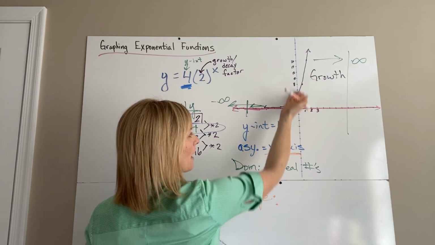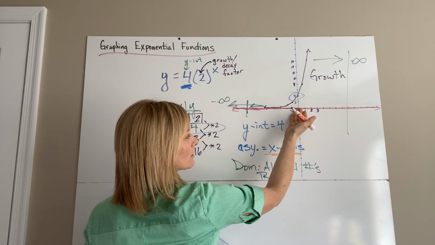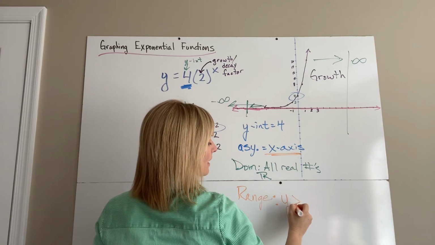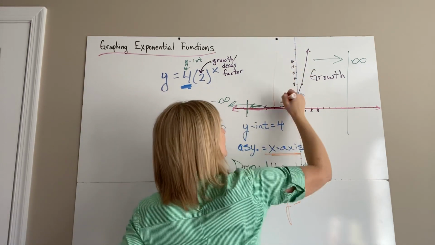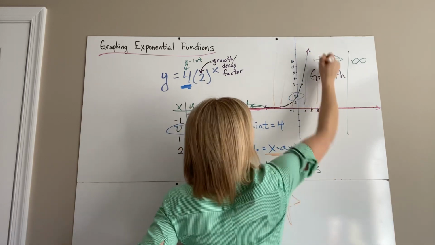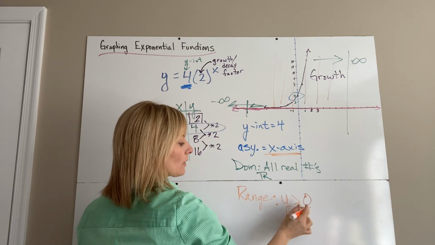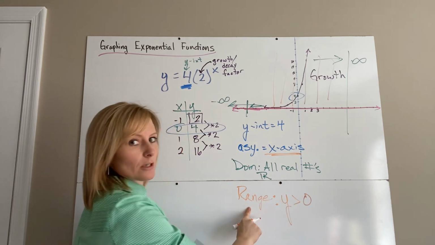It's going to be everything above the x-axis, and the x-axis hits at y equals 0. So y can't equal 0. Y is going to be greater than 0. It's everything up above, but it cannot be 0. So it's not going to be greater than or equal to, it's just going to be greater than 0 for the range, okay?